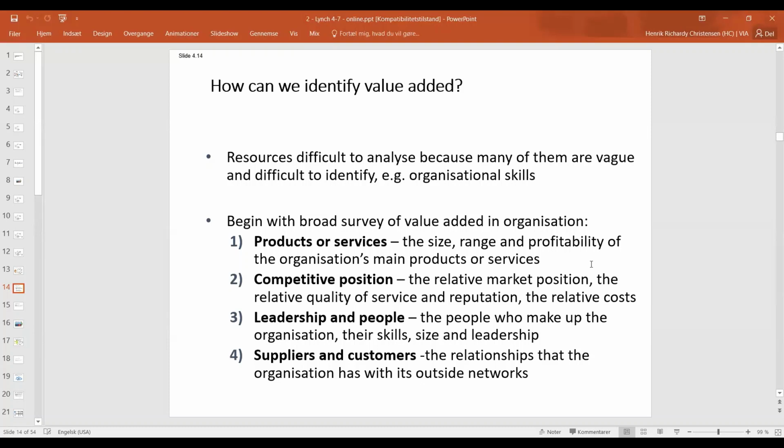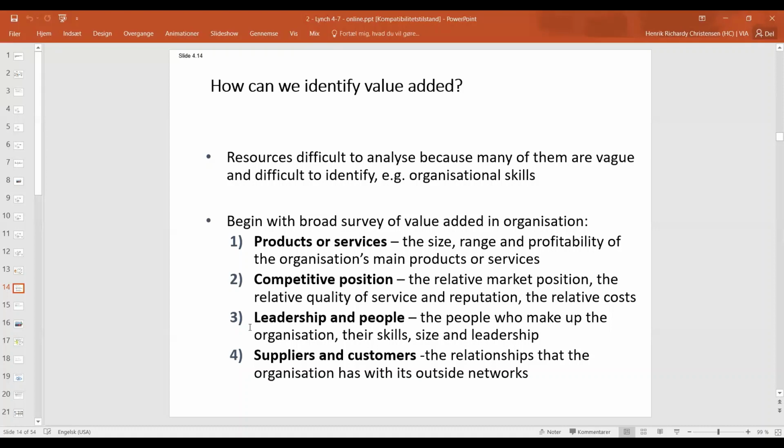Do they rate us higher or lower on certain parameters that we would like to be measured upon? We could also talk about positioning mapping, etc. We could also talk about the relative quality of our service, the relative cost, again, compared to our competitors. Are we stronger? Are we weaker? That gives us kind of a good idea about where we create value in our organization.